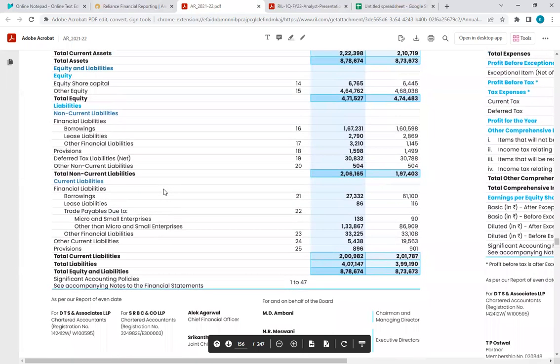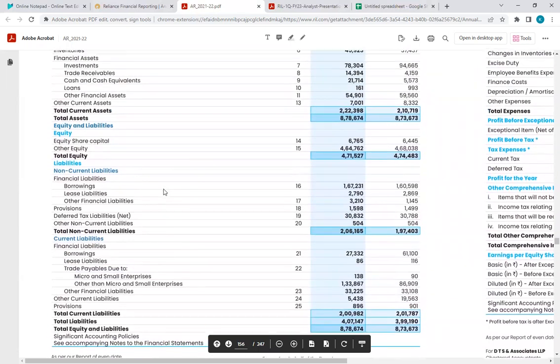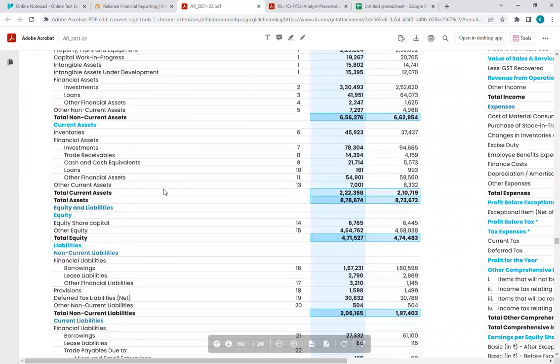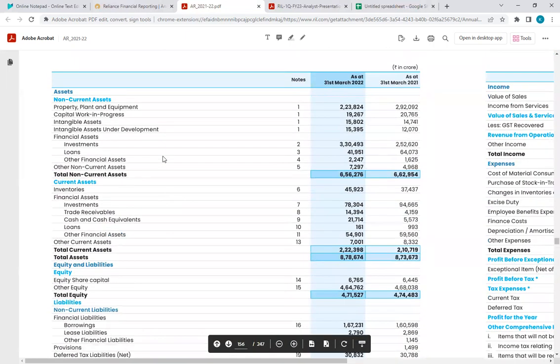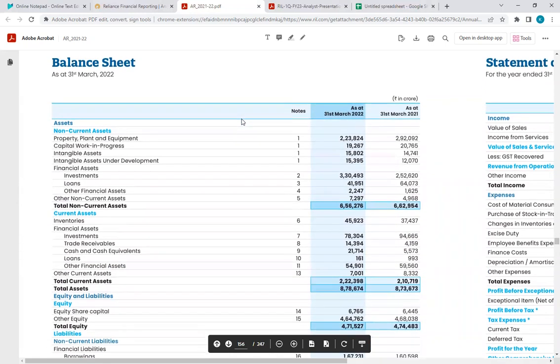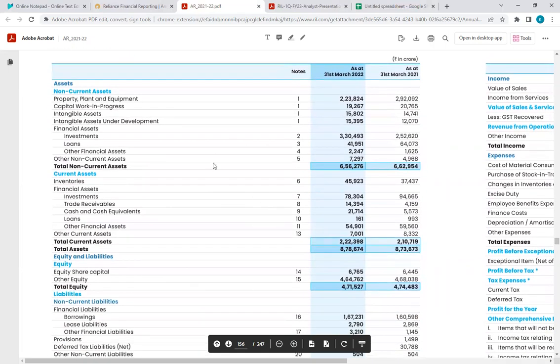So in total, what we are observing here is that from the balance sheet we can get the financial information of the company on a specific date. On this particular date, the financial position of Reliance Industries is mentioned in the balance sheet.